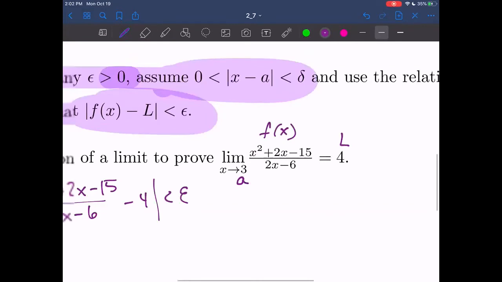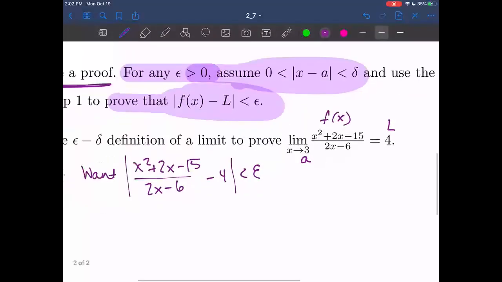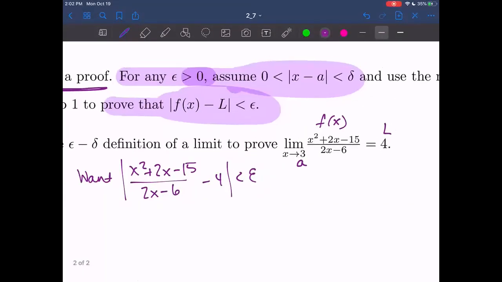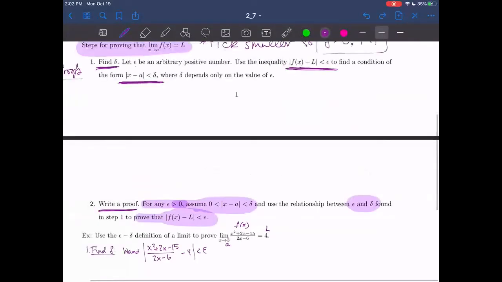We use these to set up our inequality like this, and we're going to solve down until we get something of this form.